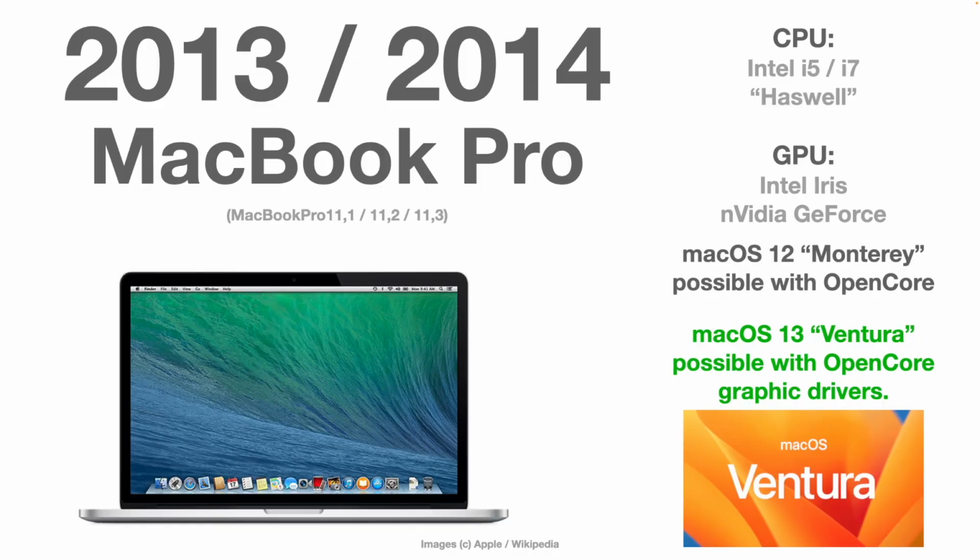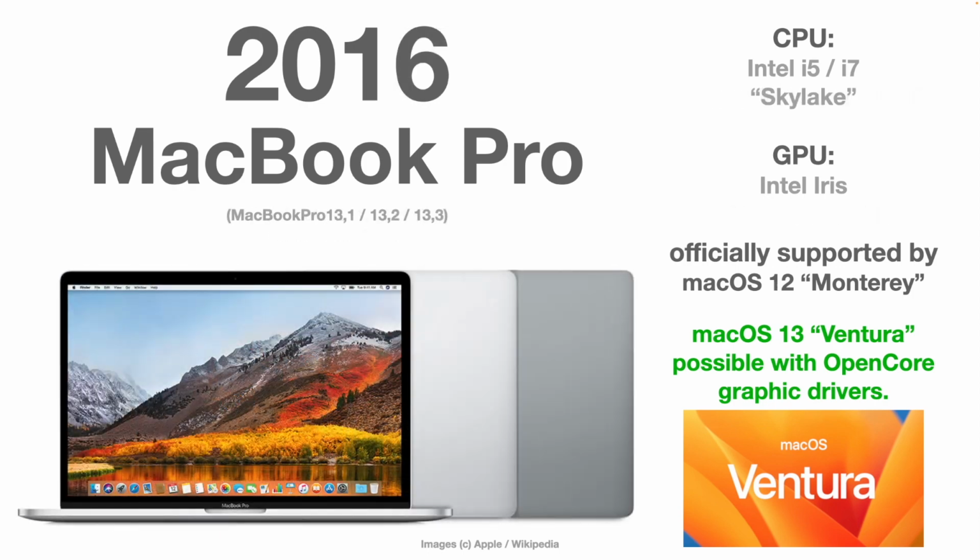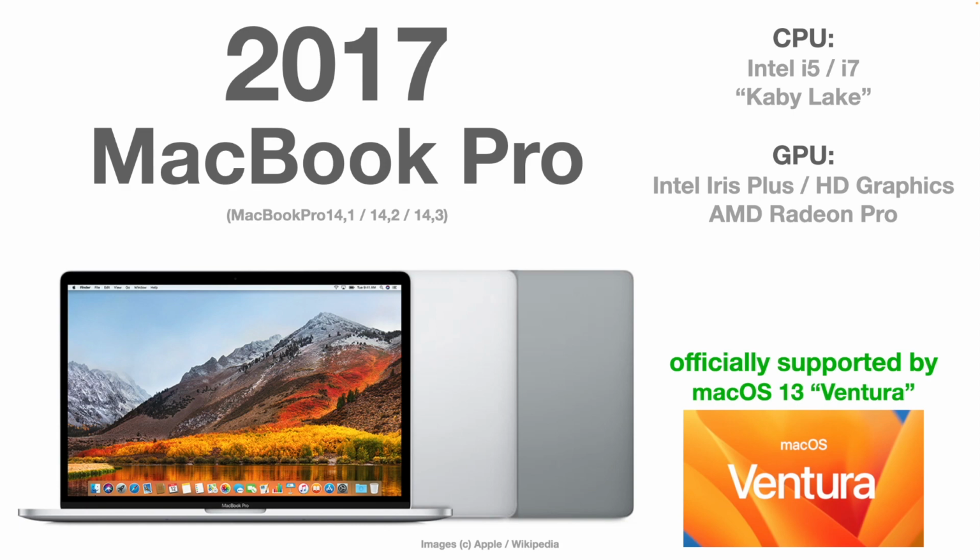These processors are Ivy Bridge, pre-Haswell, and don't have the AVX2 instruction set, so I don't think Ventura will run at an okay speed on those MacBook Pros. For all newer MacBook Pros, I see a good chance that we will be able to run Ventura, and that might be a good bargain to buy right now and use for at least one more year with Ventura. The MacBook Pro from 2017 is the first and oldest one which is officially supported by Ventura.